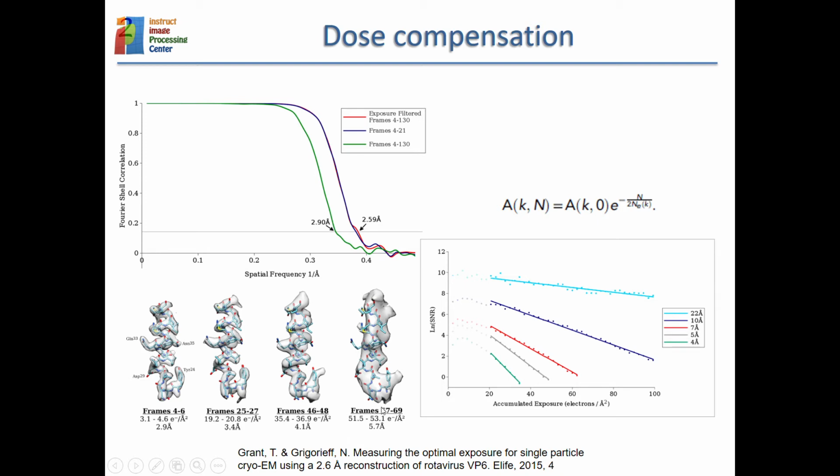So these latter frames were more damaged by the electron beam because they were exposed for longer. And then they computed some curves of what the damage caused was as a function of dose.